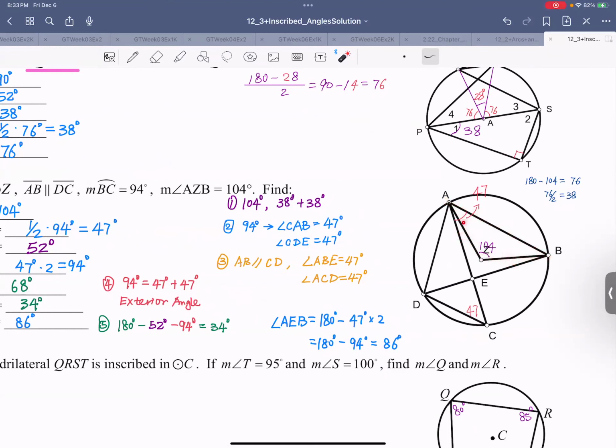Radii are equal, so these two angles are equal, right? So 180 minus 104 is 76, so here equals 38. Good. So mark this one to be 38, and this one to be 38 also, right? That's total 47. This is 38. So what is this? 9.